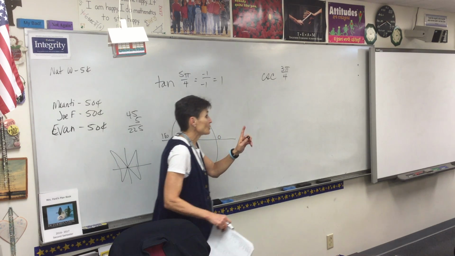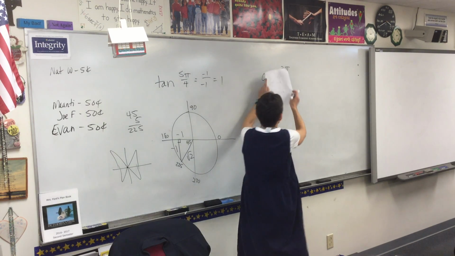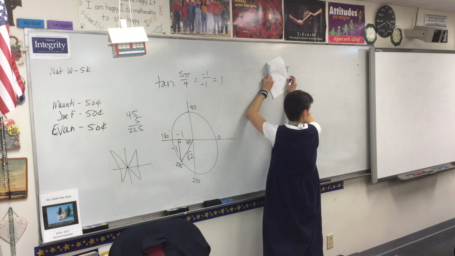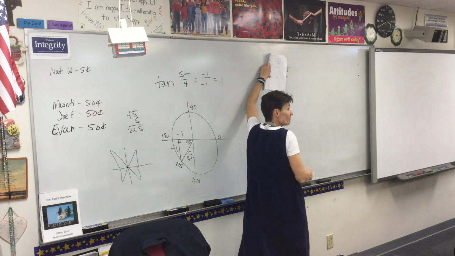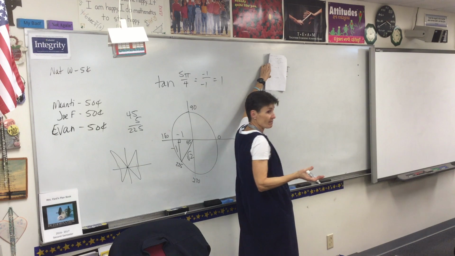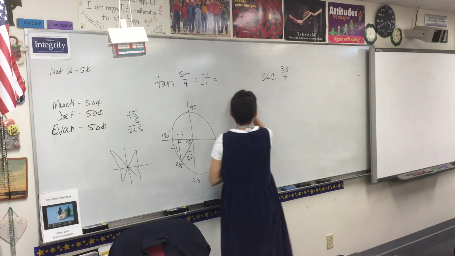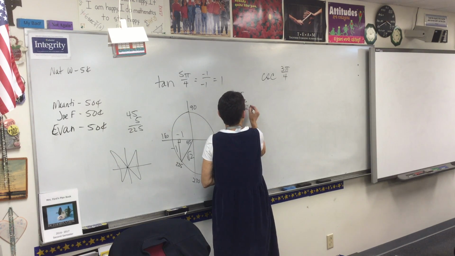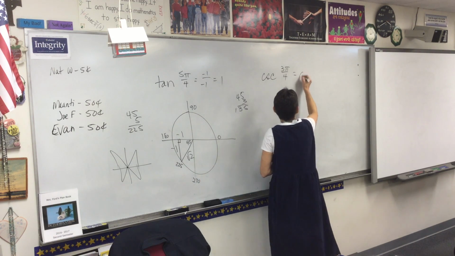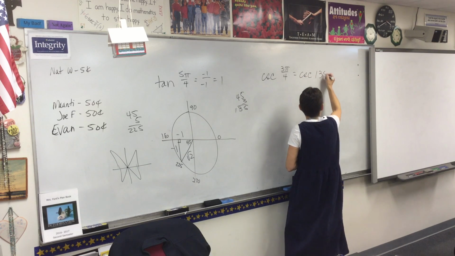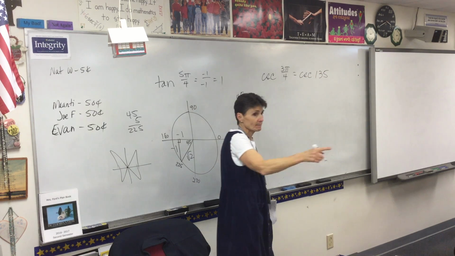We're going to change it into degrees. So that's 180. 180 divided by 4 is 45. We've done that a lot. And 3 45s would be 135. So this is the cosecant of 135. With us?